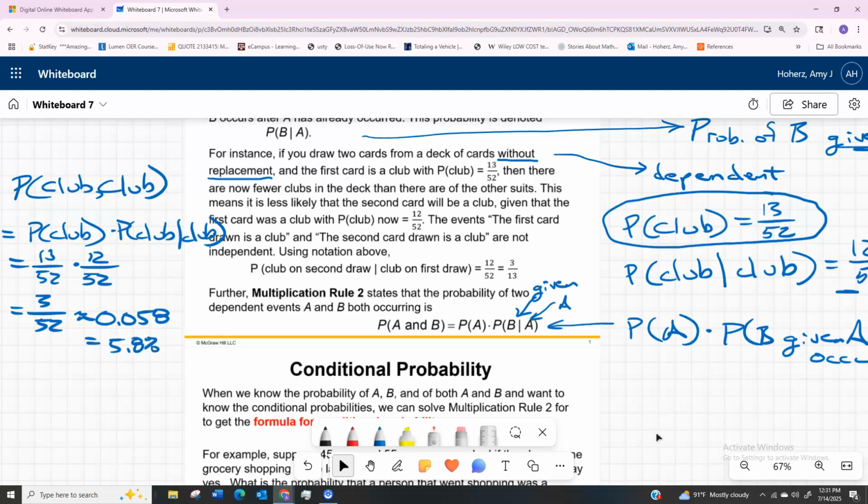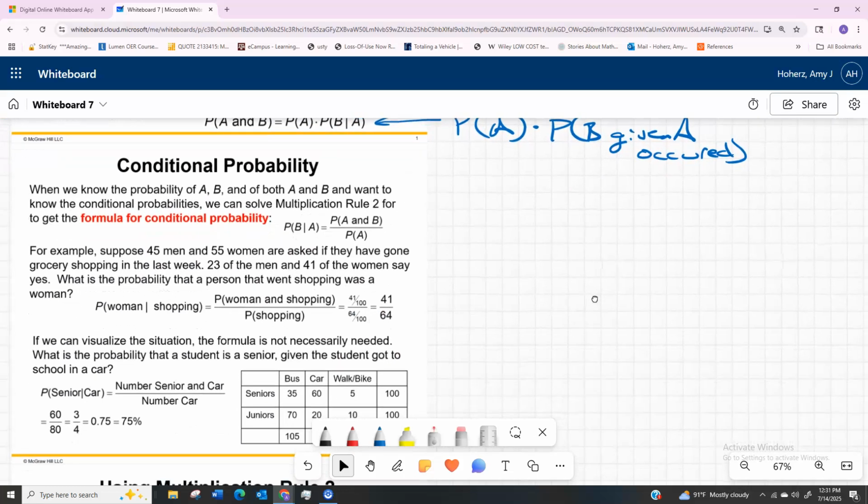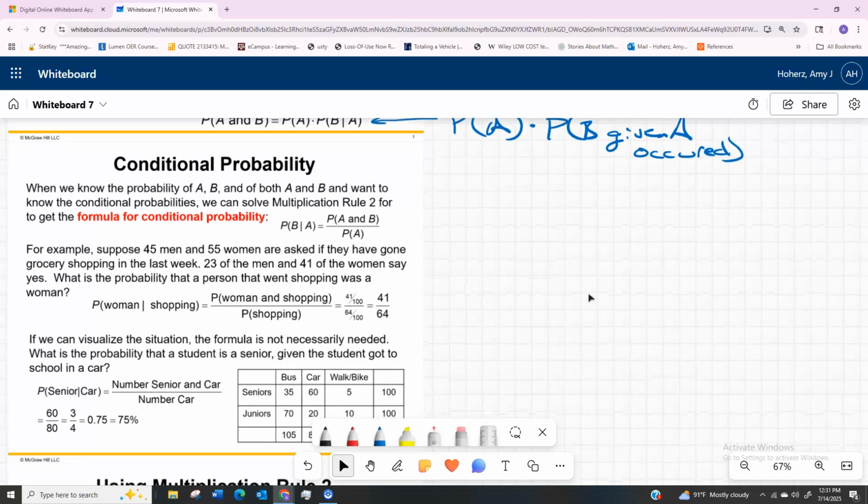All right, so let's look at conditional probability in a couple of examples. So the formula for conditional probability, which we already did, the club given a club, but the actual formula for this is the probability of A and B out of the probability of A. So using the formula, I'm not going to emphasize the formula a lot. I'm going to show you the way that I like to give it.